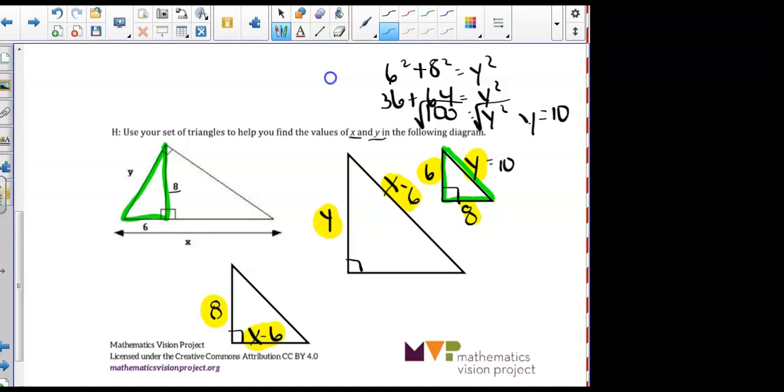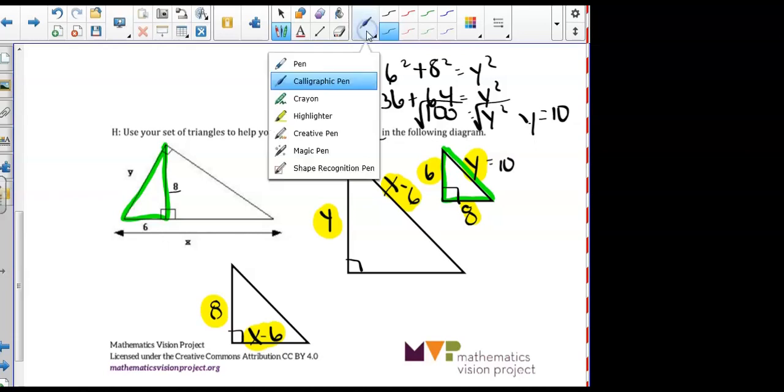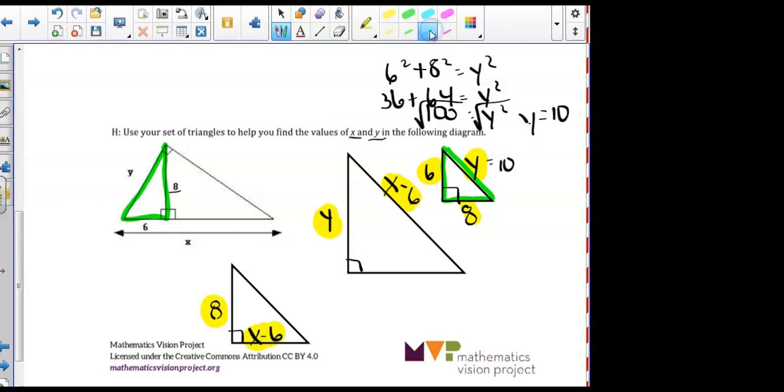So now that we found those values, let's look at the rightmost triangle. I'll highlight that in blue. So that rightmost triangle is here. Again, the altitude is 8. Now, it gets a little tricky because I know the whole length of this side of the triangle is x, and I know this piece is 6.